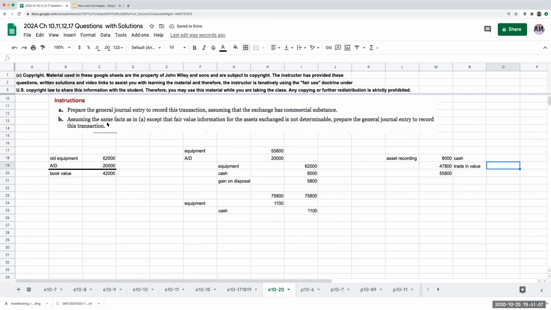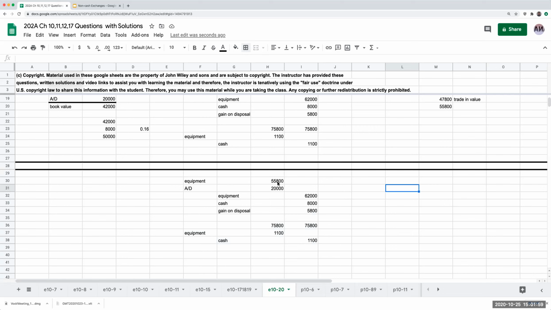So what's going to be different? If I cannot determine the fair value information of the assets exchanged, I'm going to defer any type of gain.